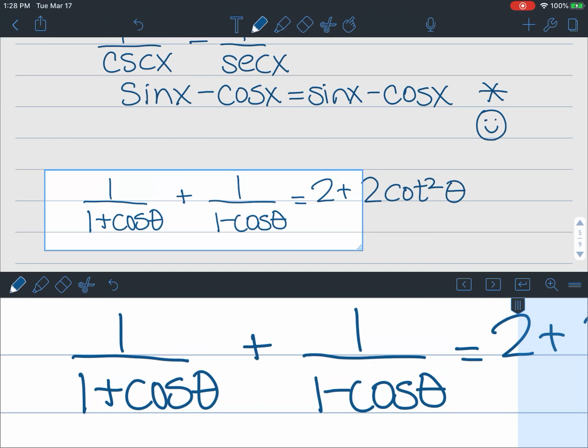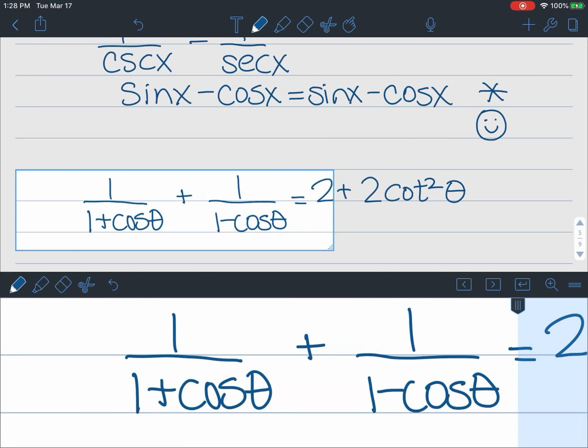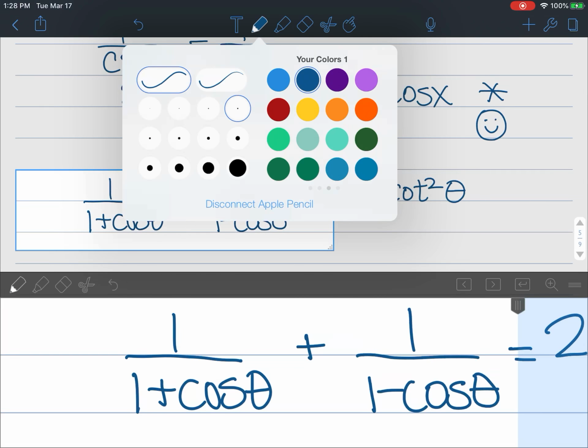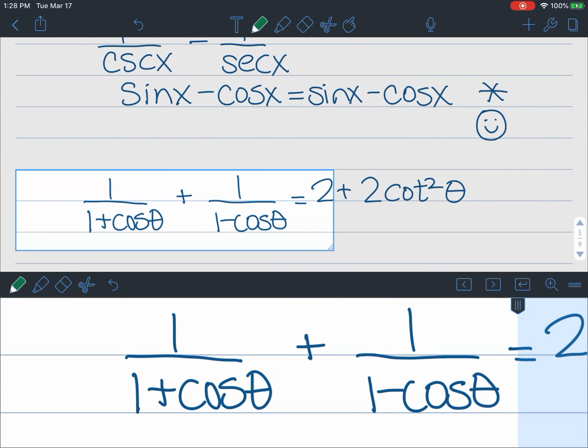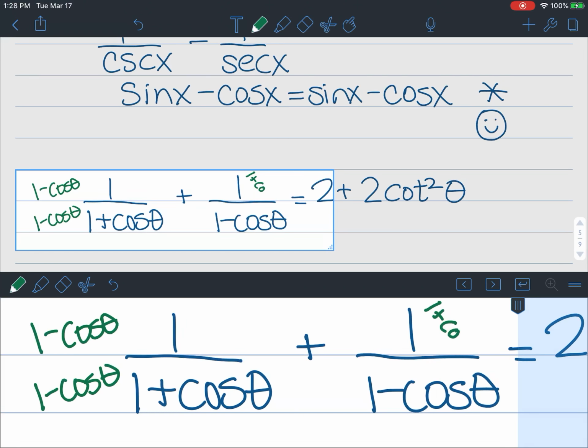Okay, so I'm going to take these fractions and try to get a common denominator. So I'm going to multiply the first fraction by 1 minus cosine over 1 minus cosine. And I'm going to multiply the second fraction by 1 plus cosine over 1 plus cosine.